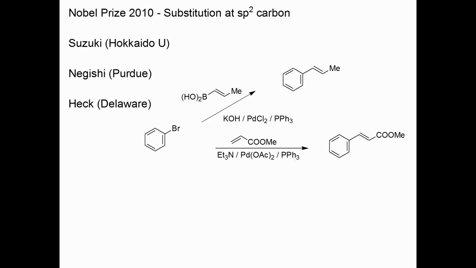This won the Nobel Prize in 2010 to Suzuki at Hokkaido University, Negishi at Purdue, and Heck at the University of Delaware. And what they found is that you can do what looks like an illegal SN2 reaction just by adding a little bit of a palladium salt to the reaction mixture.